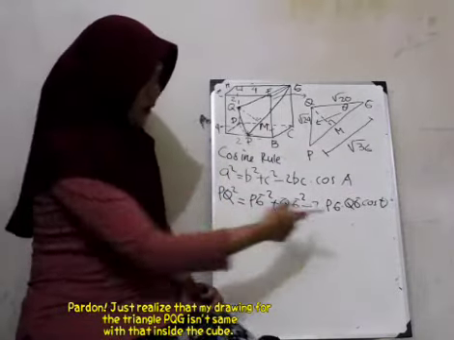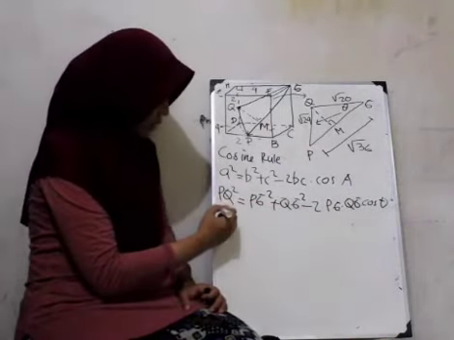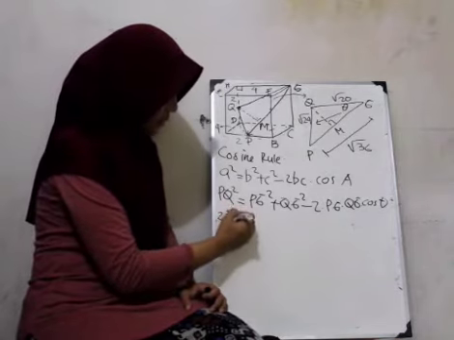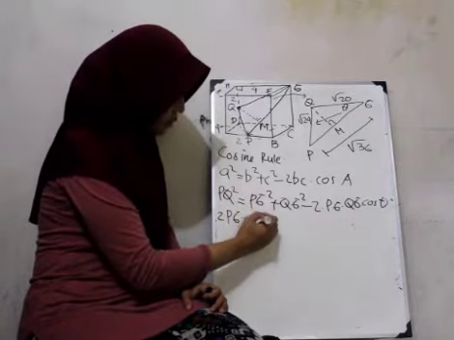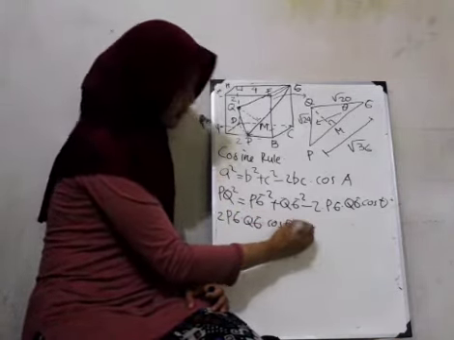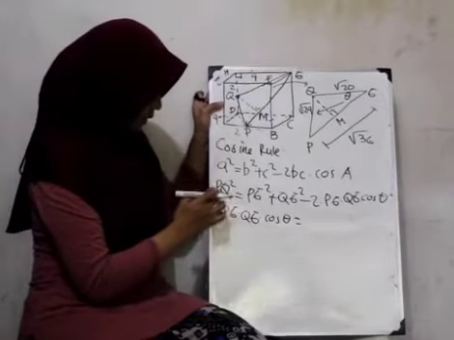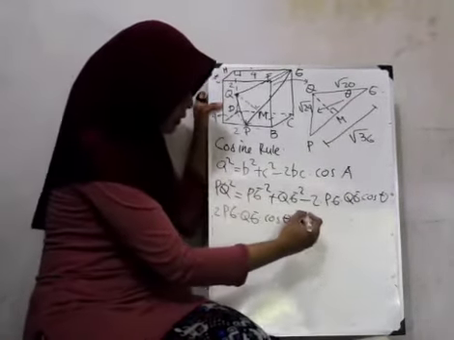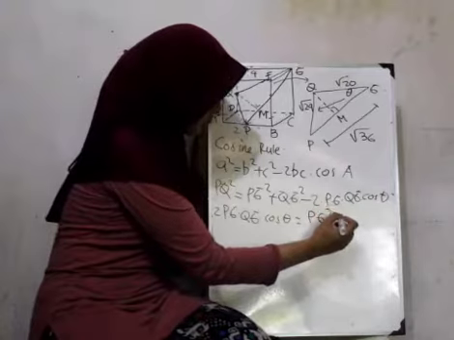Or I will move it here, so I have 2 PG times QG cos theta equals PG squared.